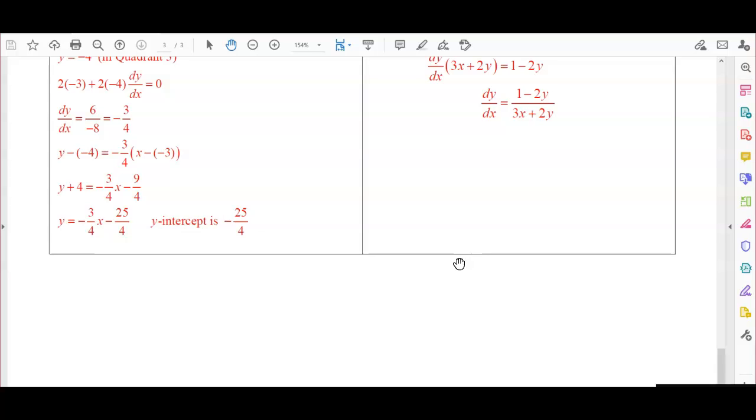Anything you want to see worked out more? I can always go to a document camera to kind of do that.